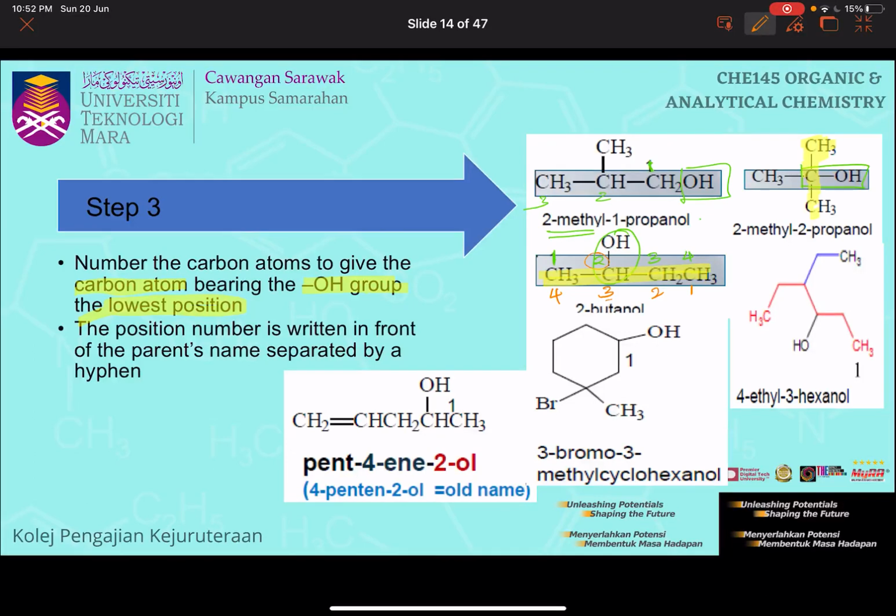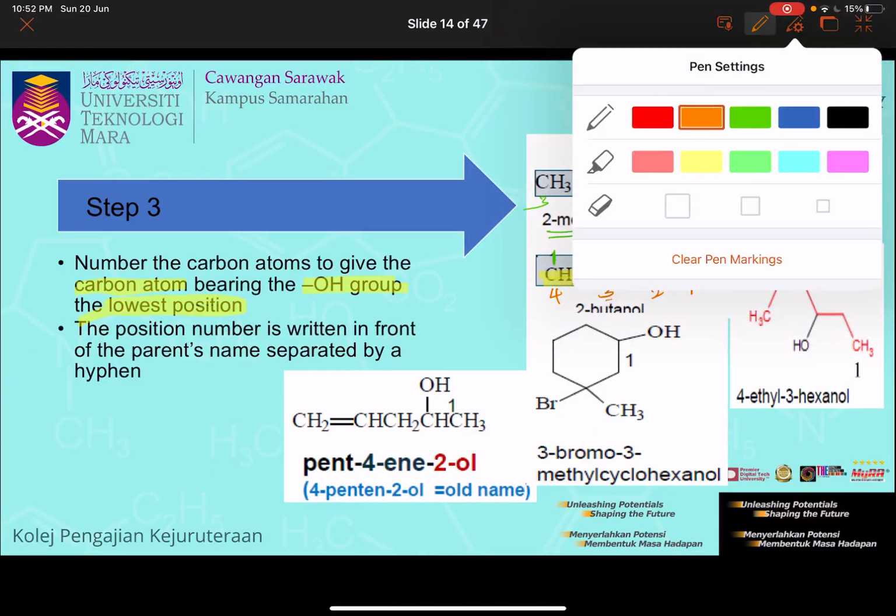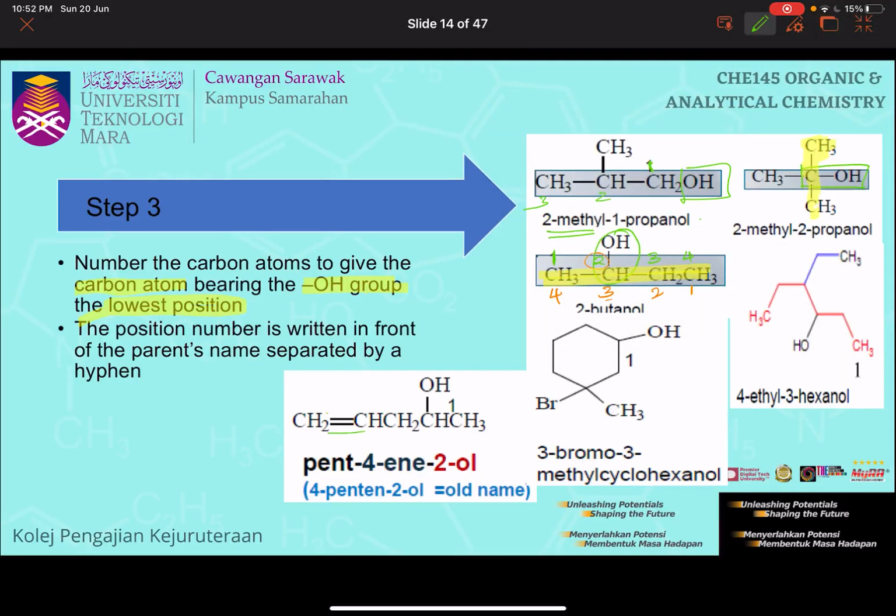Alright. So in some cases you have the double bond and then you also have the OH. Okay, so both actually take the suffix. Suffix means the one at the end. Okay, so pent, maintain.